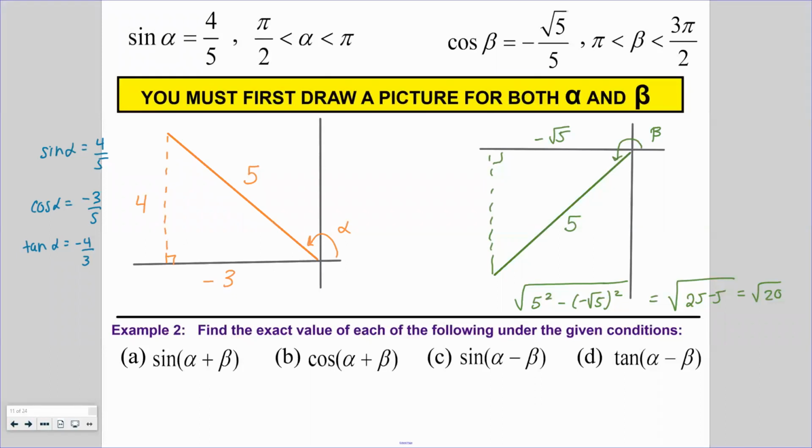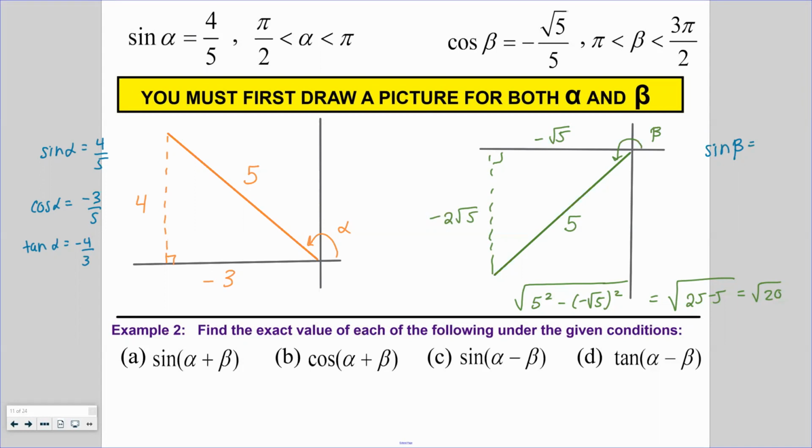That is going to be 2√5. And it's negative because in the third quadrant, y values are negative. Pythagorean theorem you can do in your head, that's fine.